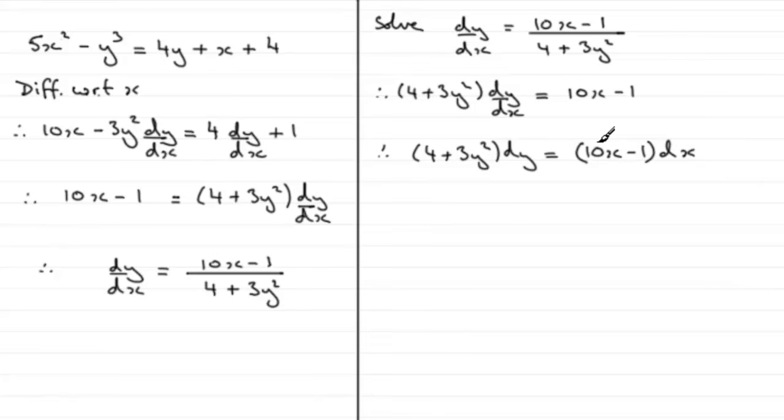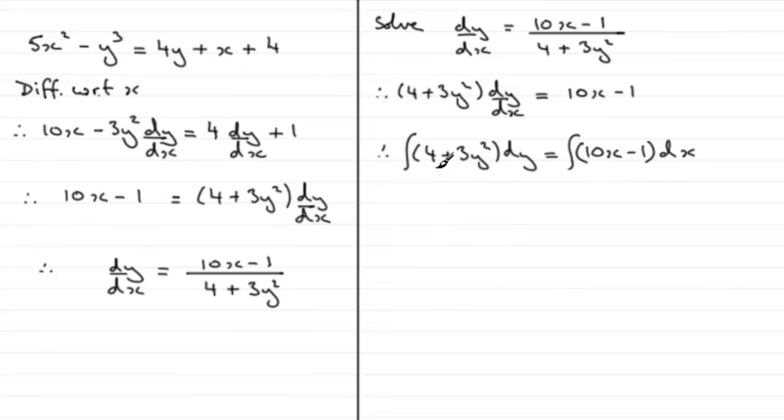But what we do to both sides is we integrate both sides. And you should try and do this in one stage, from this line here straight to this stage here. Or you might be able to go from here straight to this stage in one go. But essentially what we do is we get all the y's on one side of the equals and all the x's on the other side of the equals, and integrate both sides. It's called separating the variables then, and you can see why.